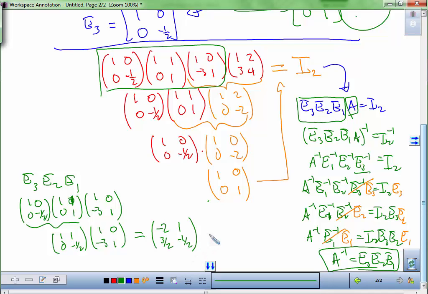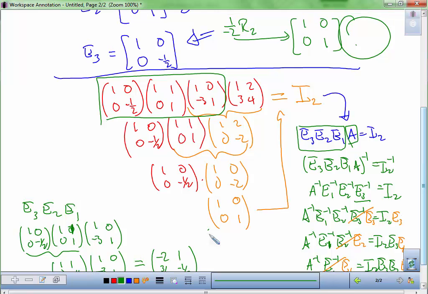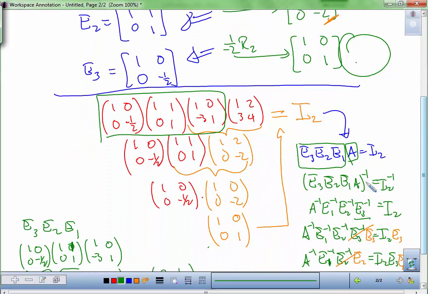So back when we were finding the inverse, could we have just taken the A outside of the bracket with the inverse, and kept the E3, E2, E1 in brackets with the inverse and just multiplied each side? Could we have pulled the A out and then multiplied each side by the entire E3, E2, E1 inverse, and found it that way too?